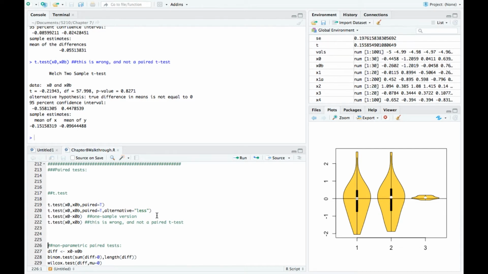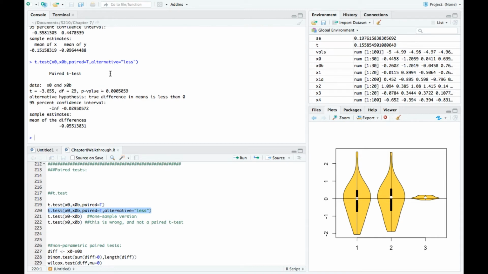It can get confusing because there's pairing, but then there's the alternative option. Do you want it to be one-sided or two-sided? And if it's one-sided, do you think it'll be less or greater than? And so here's a one-sided paired t-test.